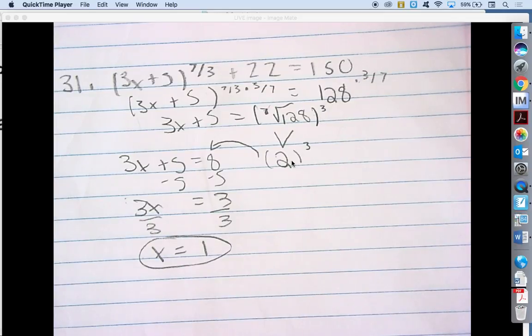The 7th root of 128 equals 2, which was on the sheet. And then 2 to the third is 8. So then 3x plus 5 equals 8, and then you subtract 5 to get 3x equals 3, and then x equals 1. Good job.